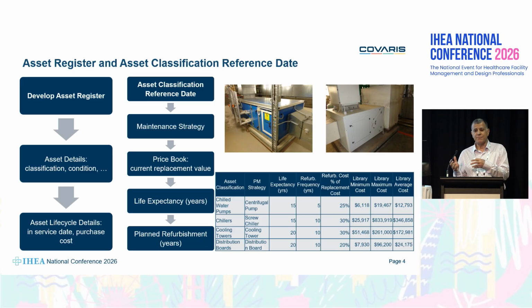We found there are lots of cases where the client doesn't have asset condition registered in the database. So there is a bit of work to go through and identify the assets, because it's a bottom-up model, we have to make sure that the data we work with is accurate.